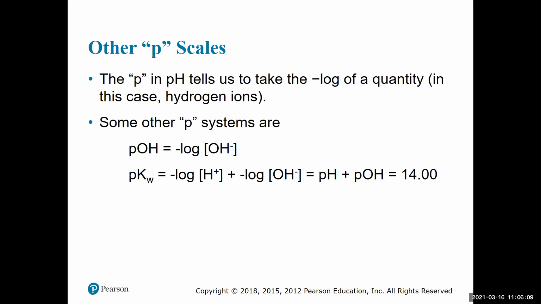What that tells us is that pH plus pOH has to add up to 14. So this relationship, hydrogen ion times hydroxide ion equals 10 to the minus 14, is important because it allows us to do some things in figuring out pHs and pOHs that we wouldn't be able to do if we didn't know this relationship.